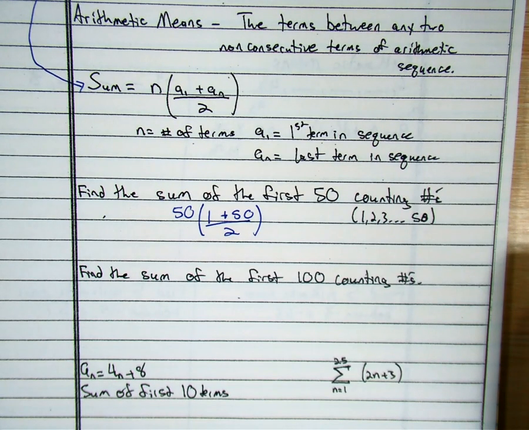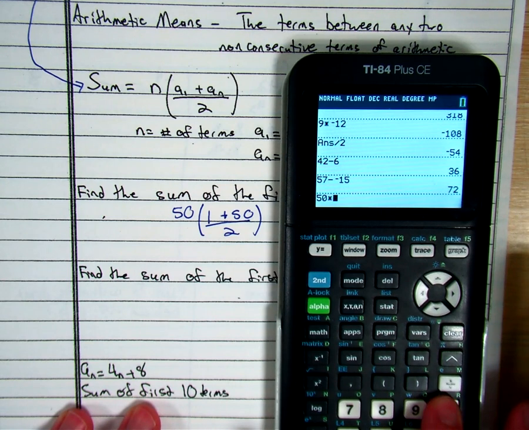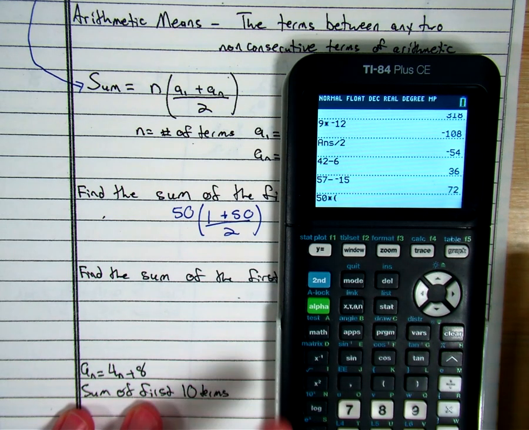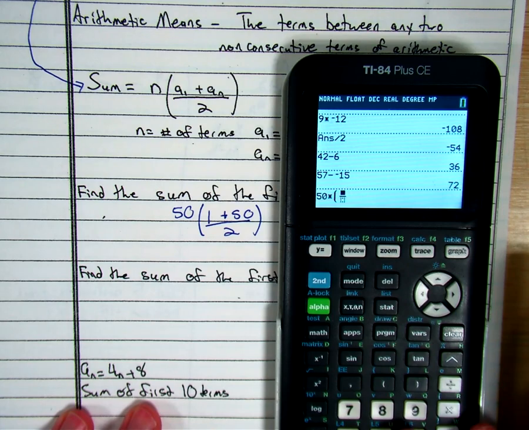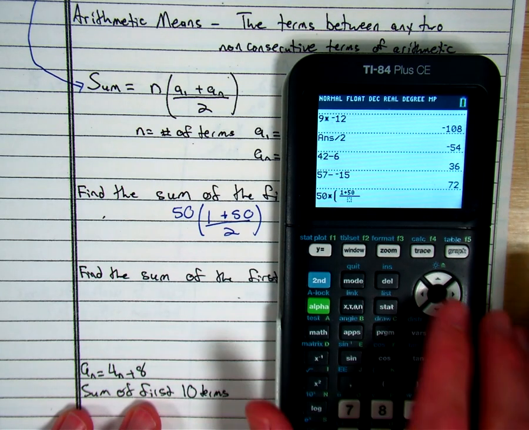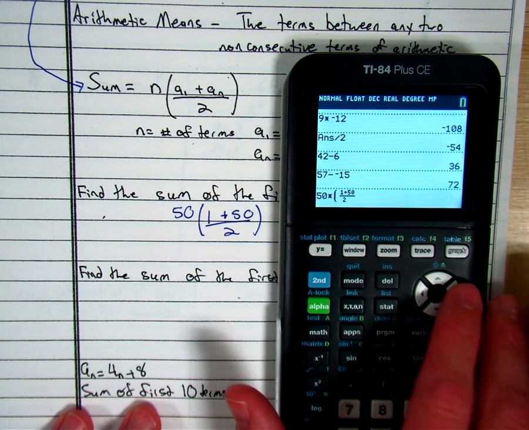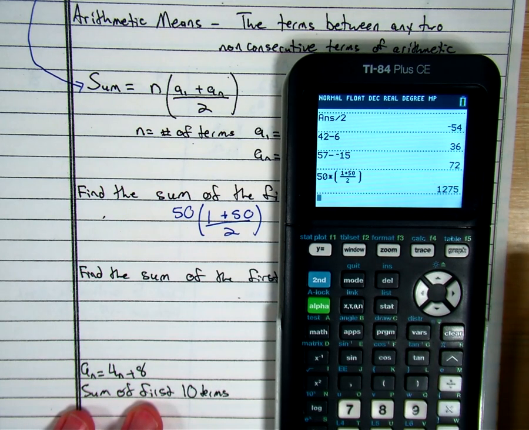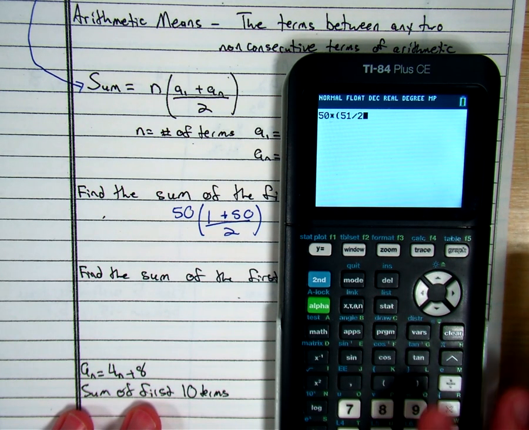Okay, if we're going to type that into the calculator, I would go 50 times parentheses, maybe do alpha y equals for your fraction bar, 1 plus 50 on the top over 2. Didn't get the 2 on the bottom there, did I? Okay, or use your brain. 50 times parentheses 1 plus 50 is 51 divided by 2.